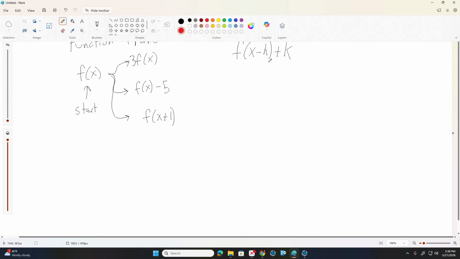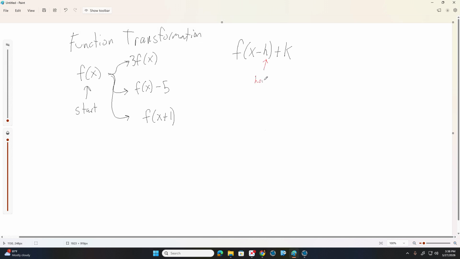What this is telling me is this h is my horizontal translation, and this k is my vertical translation. Now, why the negative? Well, because we really like it when h is 3, that means move to the right 3. But in order for that, we really need it to be x minus 3.